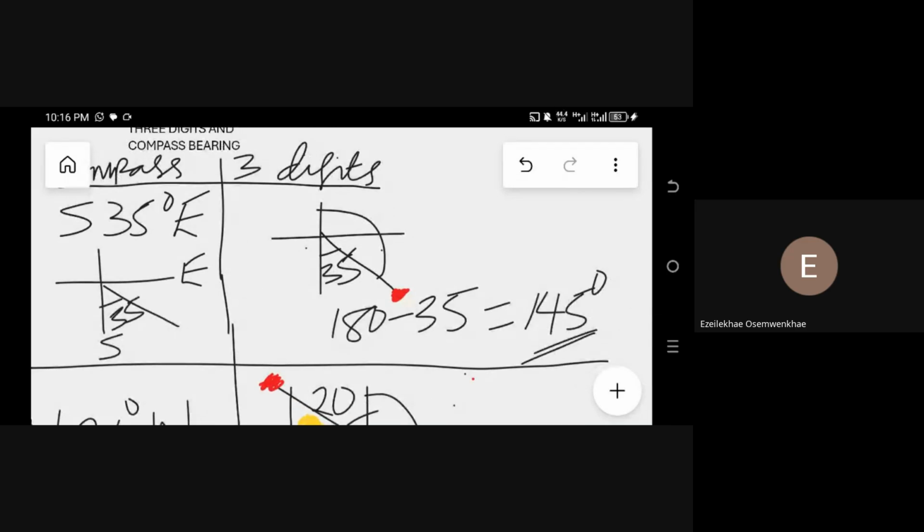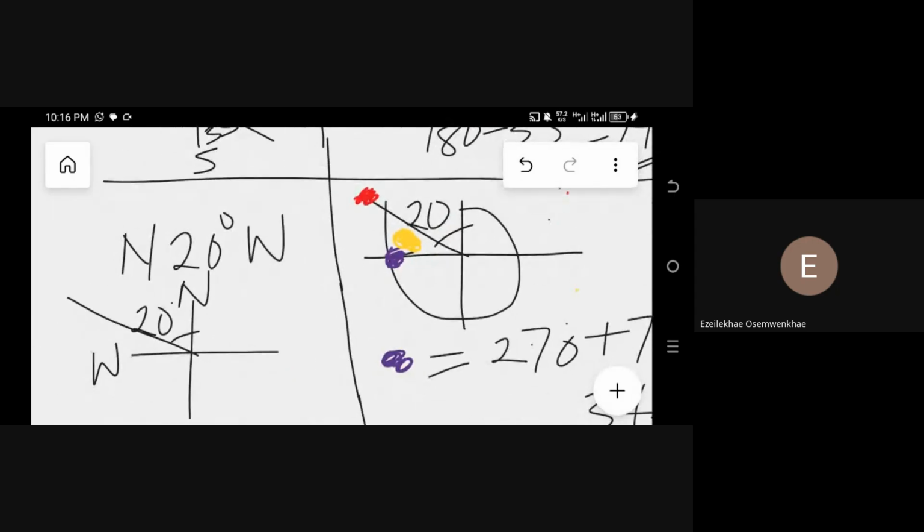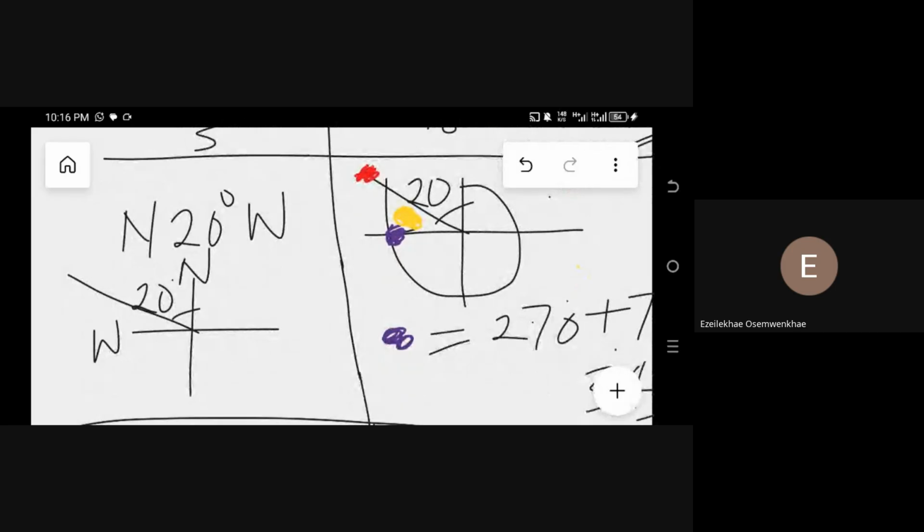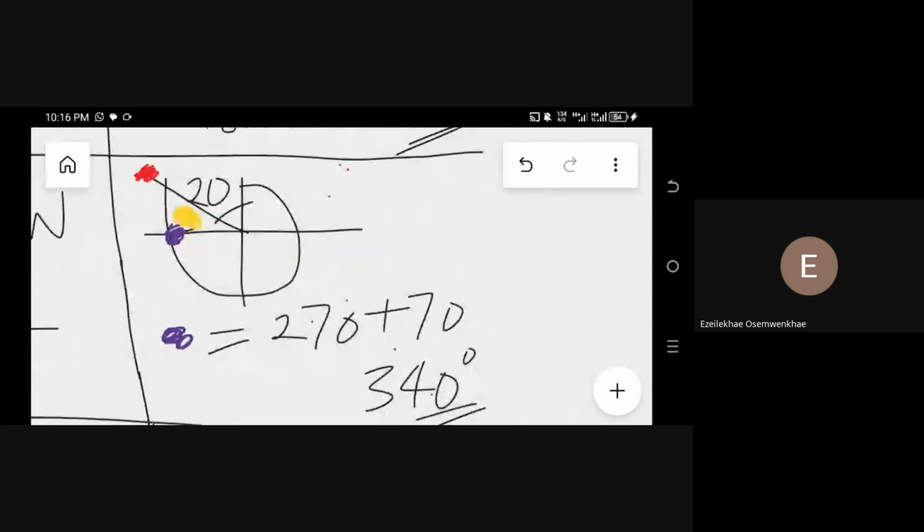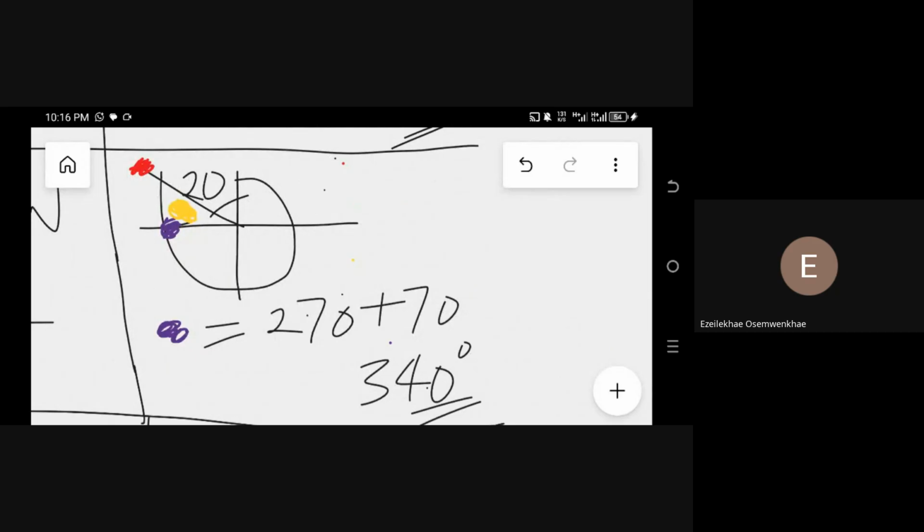So we got that. The same thing we did for the next one, north 20 degrees east. This is a north 20 degrees east compass bearing. We then proceeded to the three digits, counted from the north until we got to that line. From the north until the purple was 270.